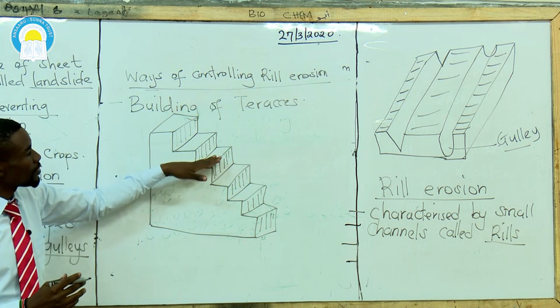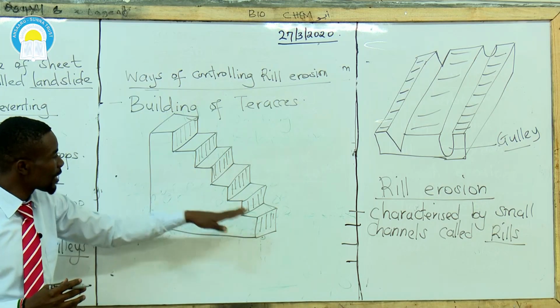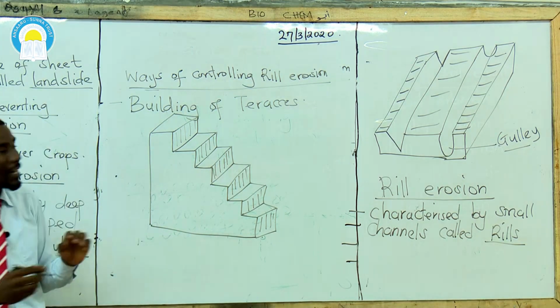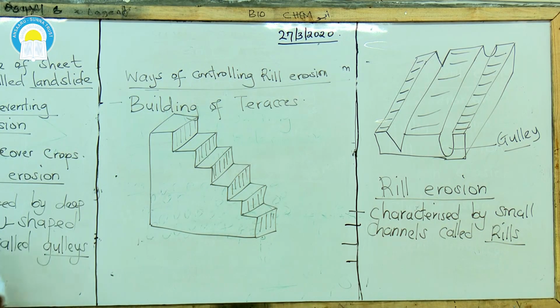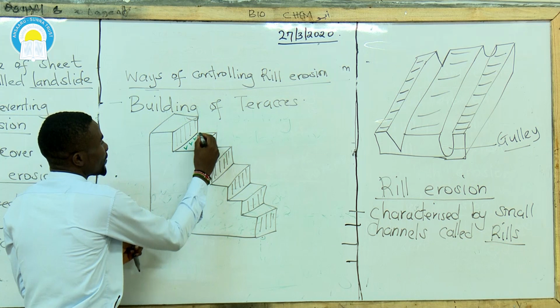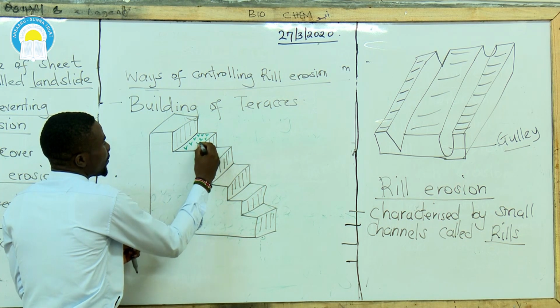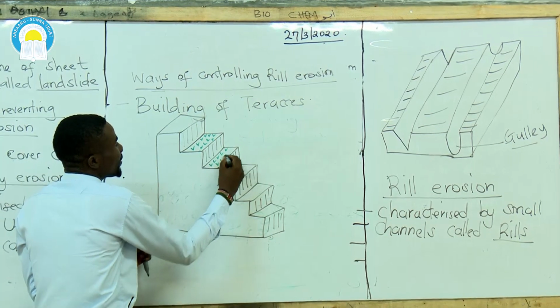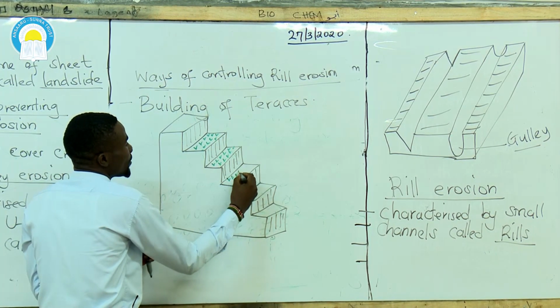So on these terraces here, if you look at these stairs, somebody can come up with the idea to plant maybe napier grass. You can plant some napier grass here. We are going to utilize our land, crops here.